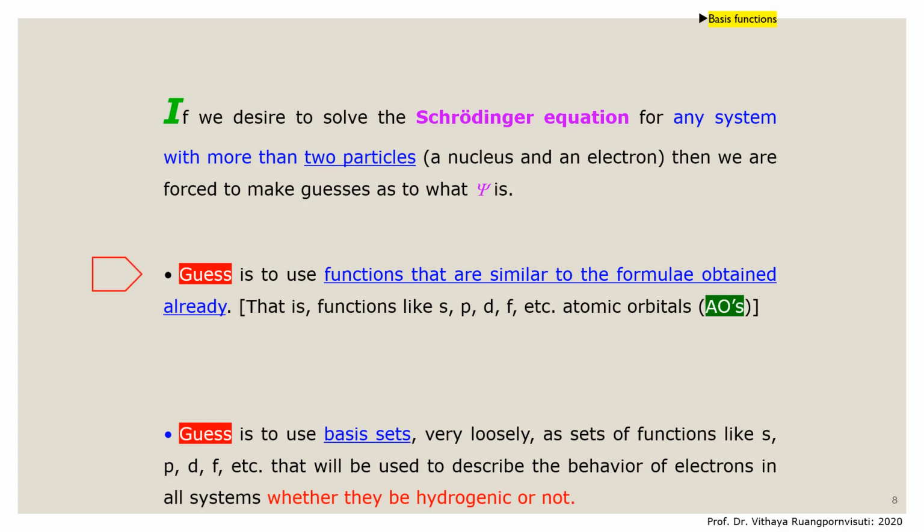The first guess is to use functions that are similar to the formulas obtained already. These are functions like the s, p, d, f orbitals, etc., of the atomic orbitals.